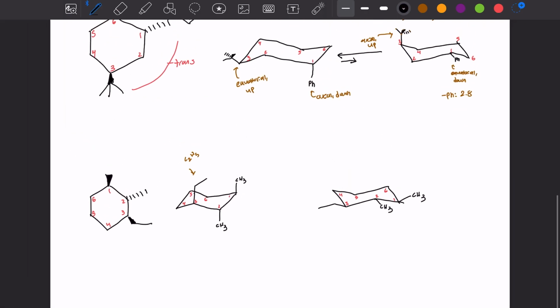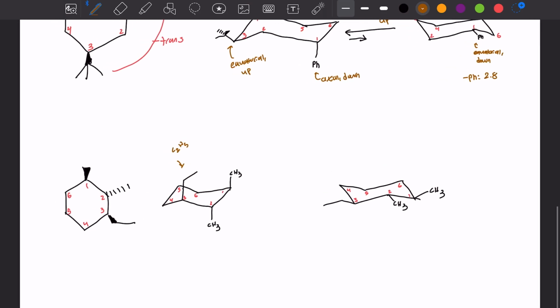Now we can look at the A values provided on our reference sheet, and we know that each CH3 group has an A value of about 1.74, and a C2H5 has an A value of 1.79. This makes sense because C2H5 is a much bigger substituent than CH3.